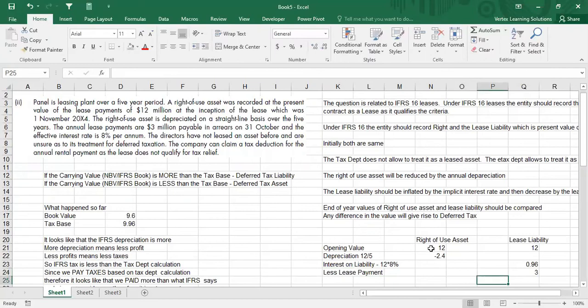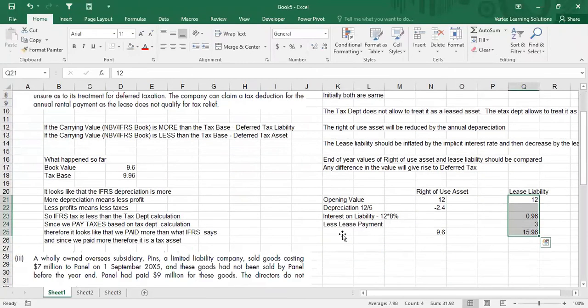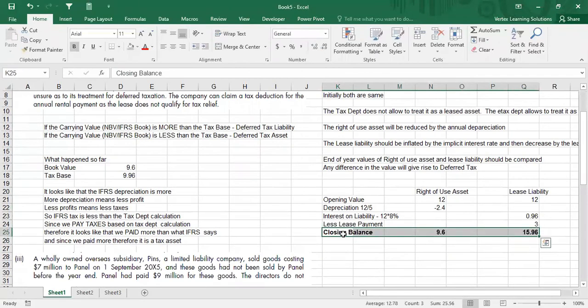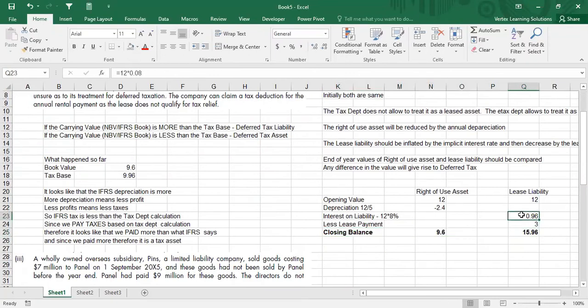Then you make a total like this, and you say closing balance. So these are the closing balances. This is 0.96, 12, okay, this is minus 3, sorry, minus 3.